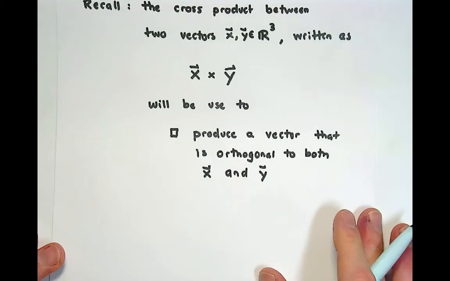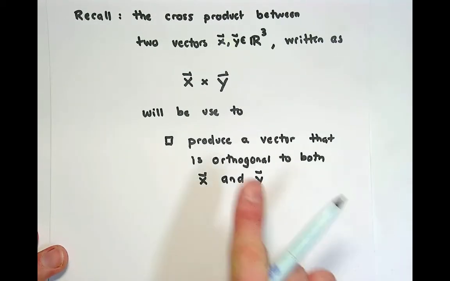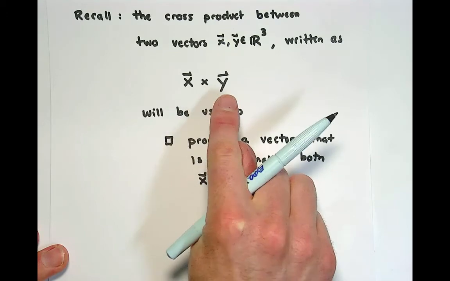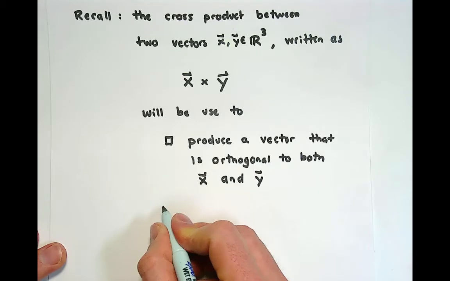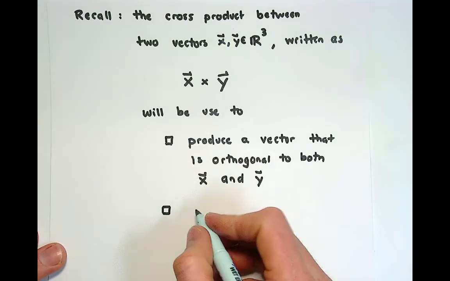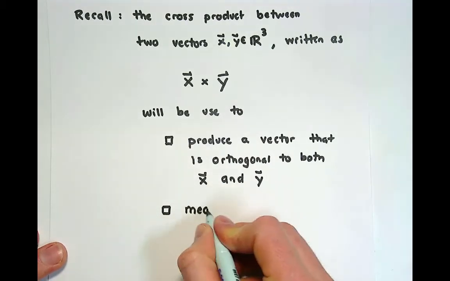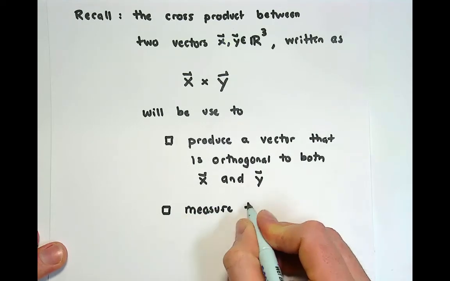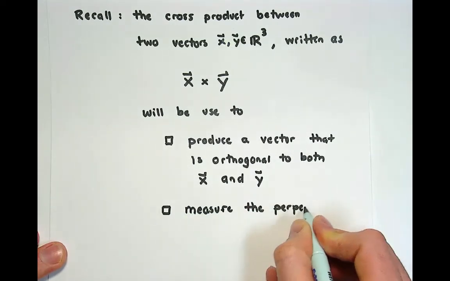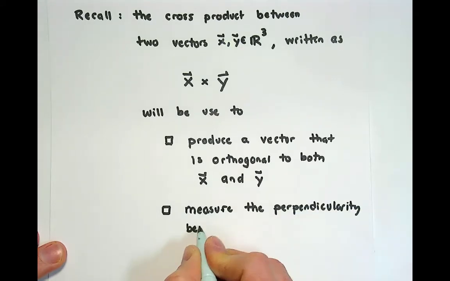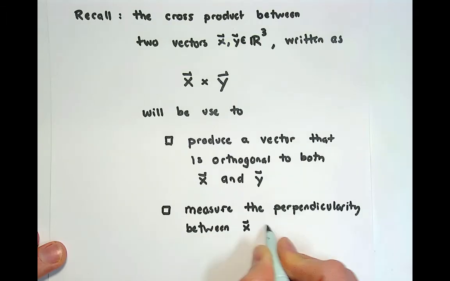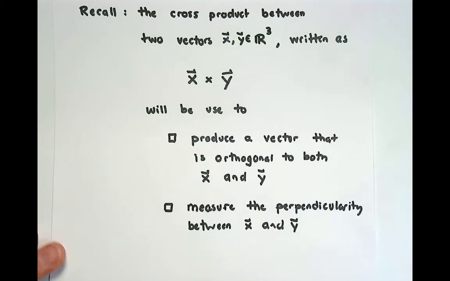It's a pretty powerful thing to be able to compress x and y into a single vector orthogonal to both of them. And then the second thing it's going to be used to do is measure the perpendicularity between x and y, where perpendicularity means the state of being non-parallel.